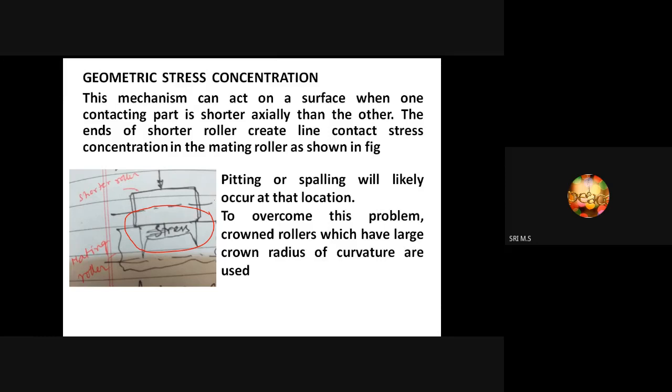Shorter roller, sir. A shorter roller on a longer mating surface is essentially a line contact. Okay, please remember, it will have line contact. So what is the type of failure that line contact will lead to? It will lead to pitting or spalling. Correct?